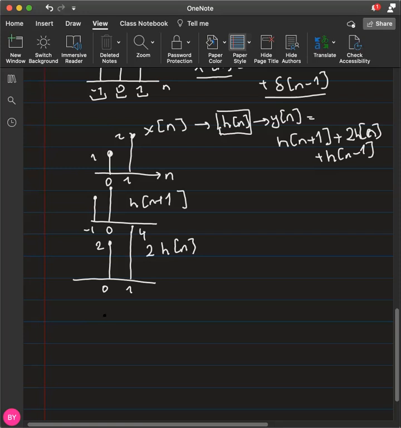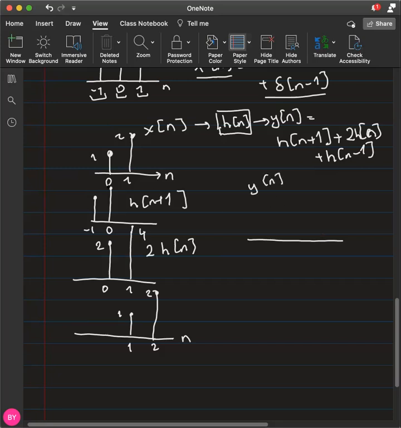And then now I will also add shifted version of h of n to the left. Okay, this is 1, this is 2. Now this is 1. 0 is shifted to 1, and 1 is shifted to 2. This is now something that I will use for finding the output, which is y of n.